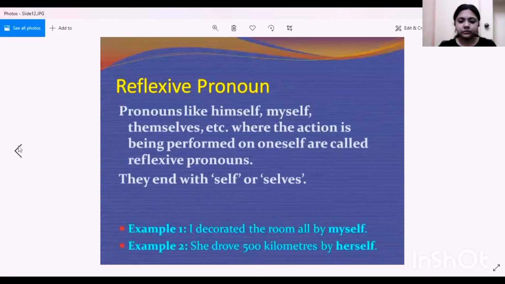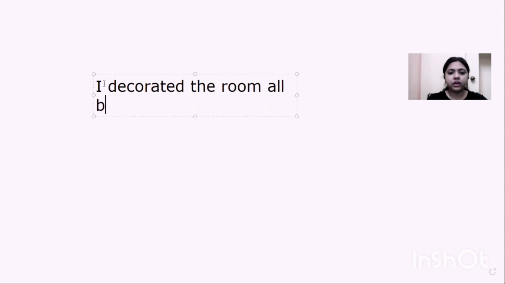See, in the first sentence, I decorated the room all by myself. Okay. So if you hide this word, let me write it up. The first sentence was: I decorated the room all by.